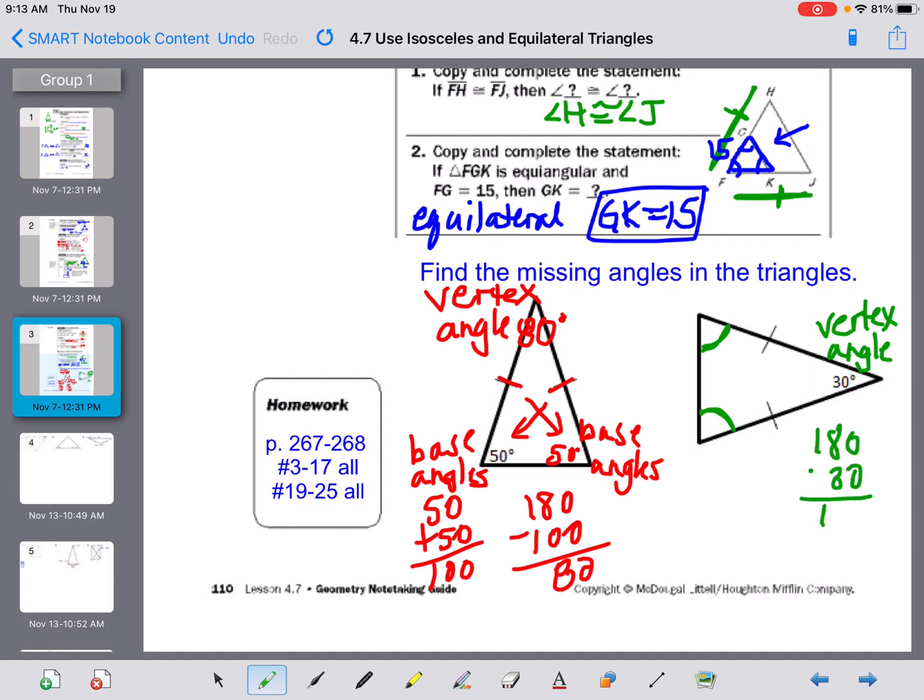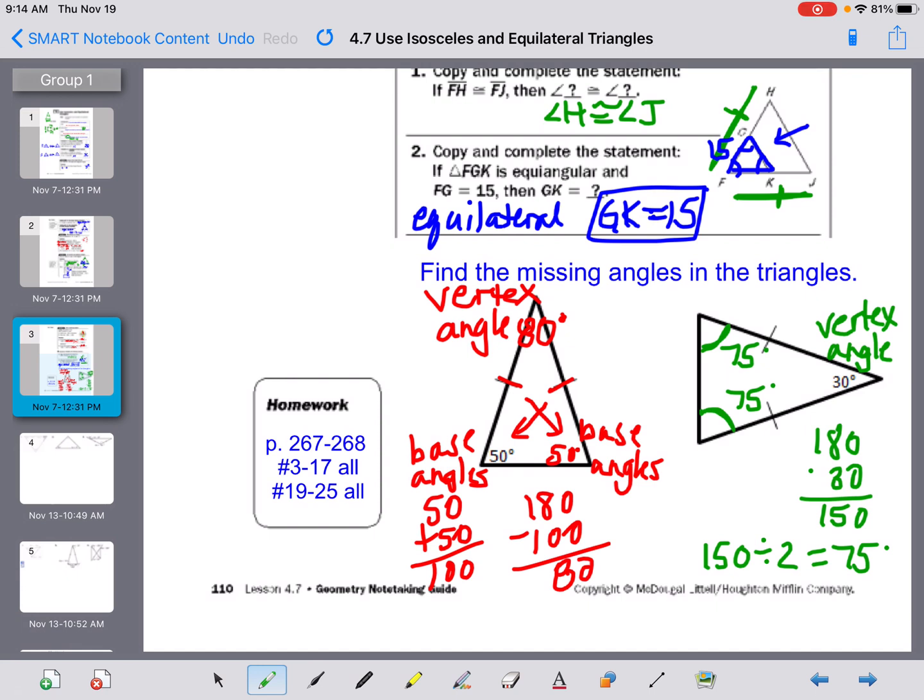That leaves me 150. What do I have to do with that 150? Well, I have to split it equally, right? Because it's split between two equal angles. So it looks like I get 75 for both of those, okay? So in an isosceles triangle, you only need one angle, and you can solve for the rest, okay?